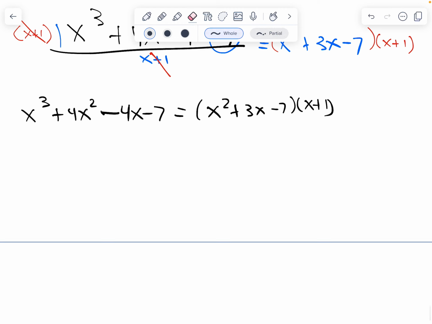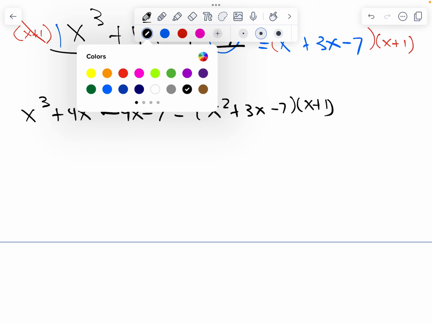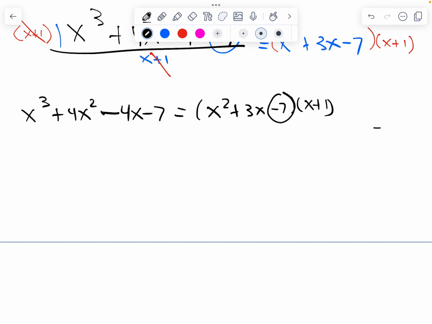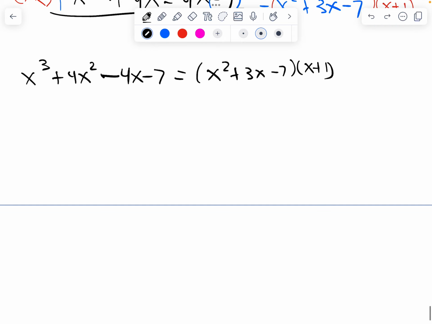Now this is a quadratic, so I'm going to factor that quadratic. When I factor quadratics, I'm looking for numbers that multiply to be -7 and add up to be 3, and it's not looking like anything's working. So in order to factor something that's otherwise unfactorable, we have to use the quadratic formula.